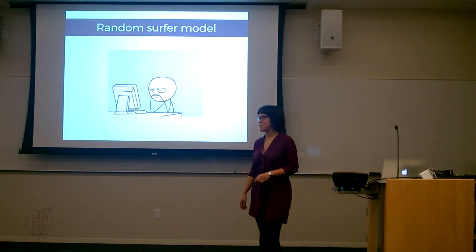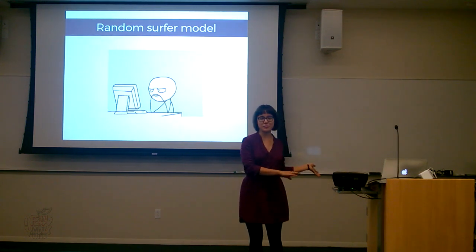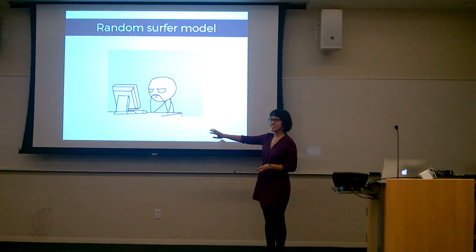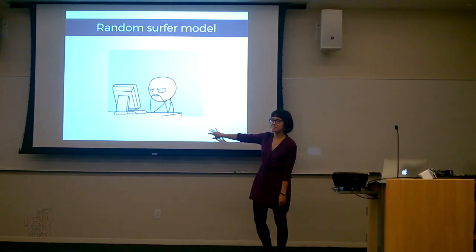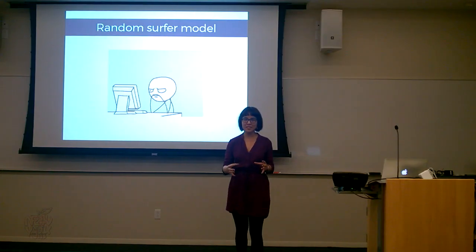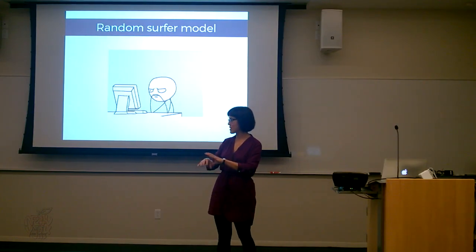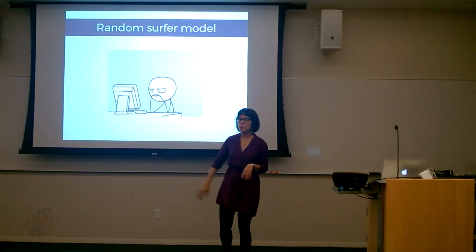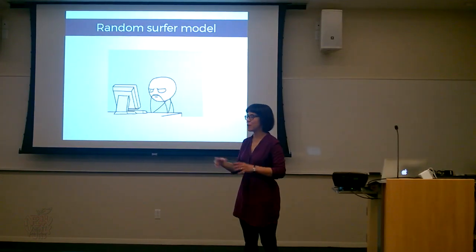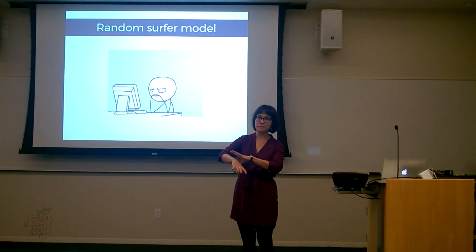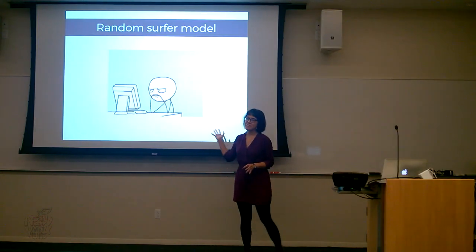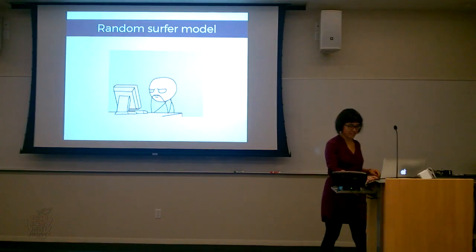And sometimes he gets bored and jumps to some completely different web page. And PageRank is just the average time he spends on each web page. That means if a web page is important, if many other pages point to that one, he will end up there much more often. And also, if important web pages point to some other web page, he will get there more often as well. So that's the idea behind PageRank.